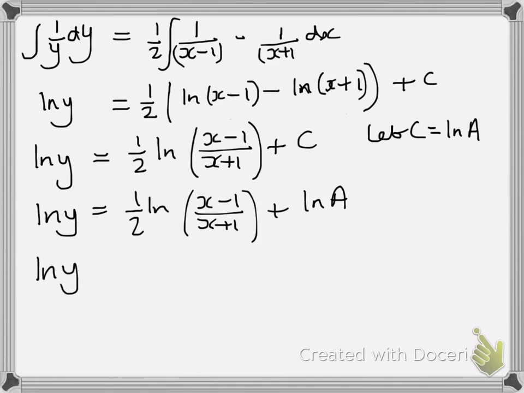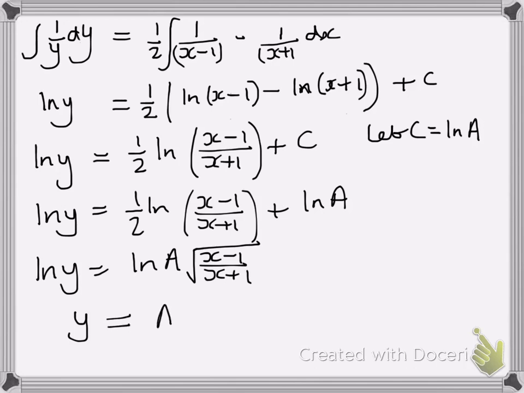Ln y equals, I'm going to bring my half up, which becomes x minus 1 over x plus 1 to the power half, which is the square root of x minus 1 over x plus 1, and using my laws for logs, plus ln a becomes multiplied by a. So now I have my final function in y, so therefore I can say that y equals a times the square root of x minus 1 over x plus 1.